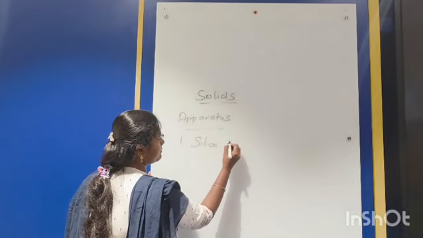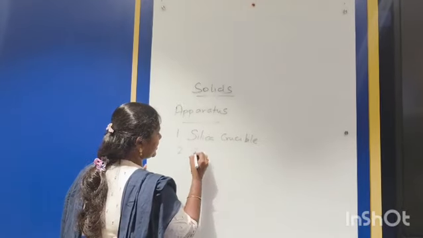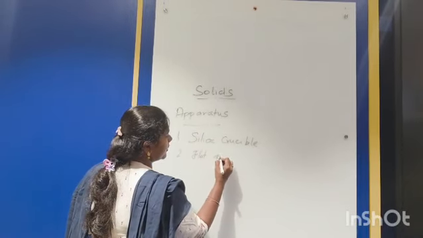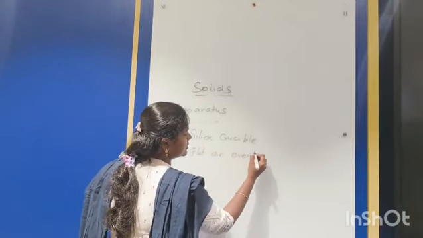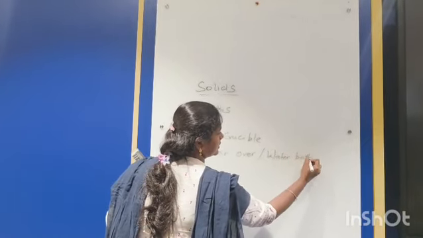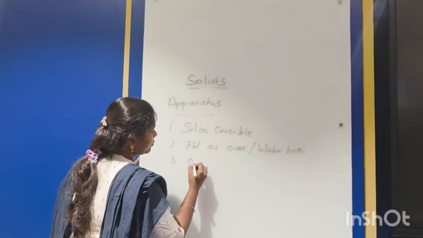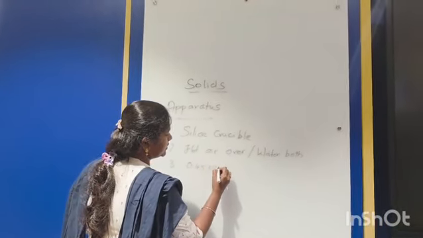Silica crucible, hot air oven is the equipment used for determining the solids, or a water bath can be used, and the third one is 0.45 micrometer filter paper.